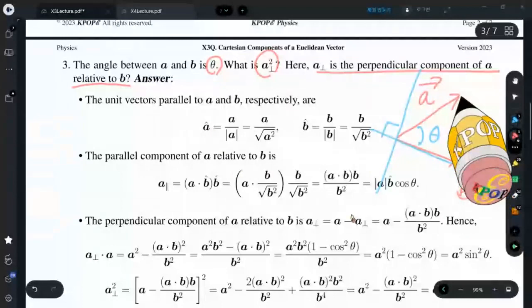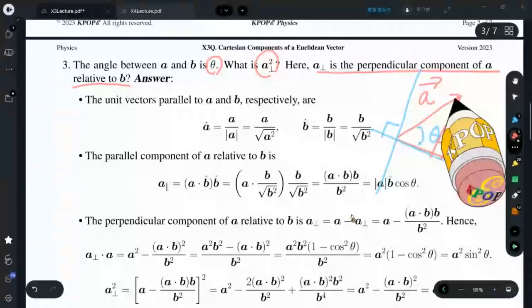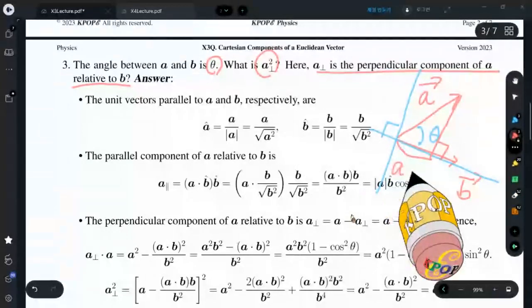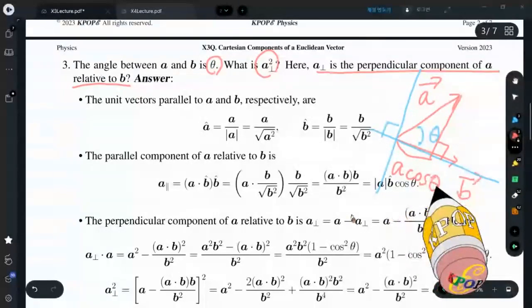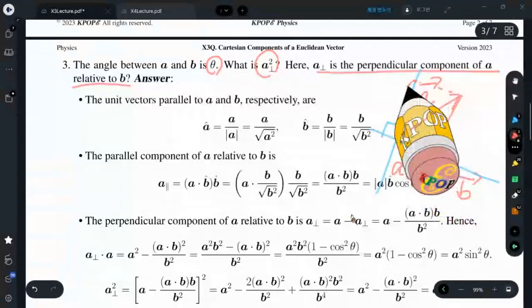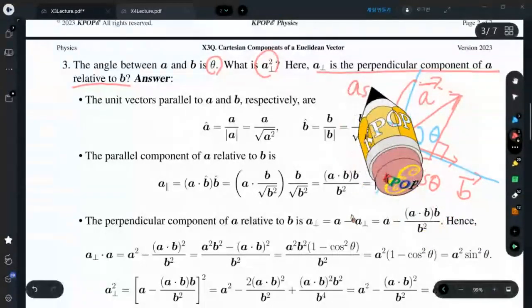We know that the parallel component is a projection onto the x-axis, that is a cosine theta. And what is the perpendicular component? That is the length of this. So this is a sine theta.